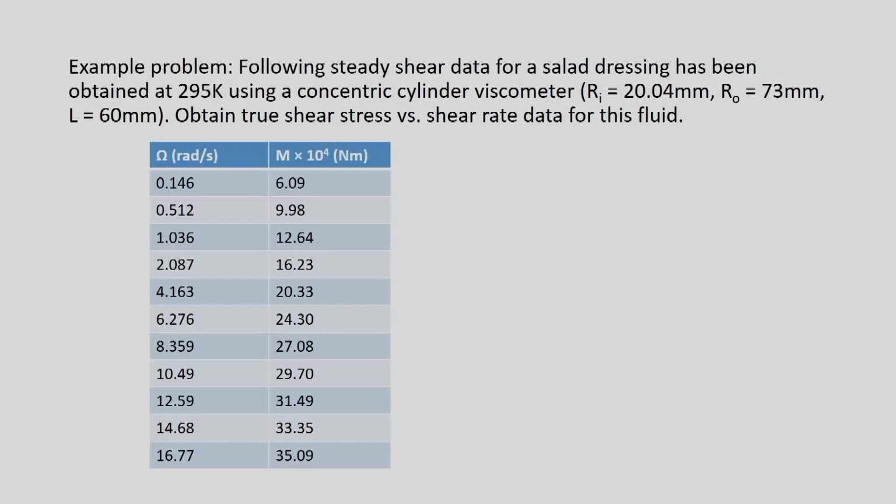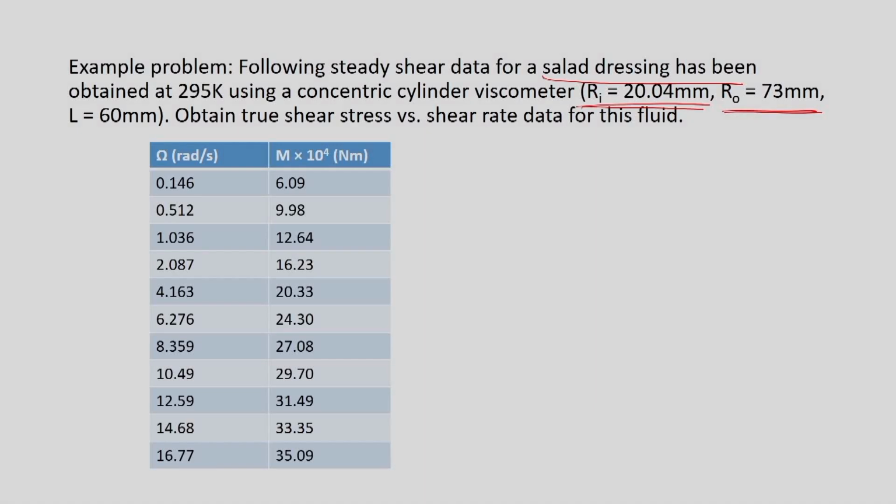Now, what we do, we take an example problem and then see how to develop the rheological curves from the rotational velocity versus torque information that we get from the experimental setup. So, here the following steady shear data for salad dressing has been obtained at 295 K using a concentric cylinder viscometer, for which the radius of inner cylinder is 20.04 mm, whereas the radius of outer cylinder is 73 mm.